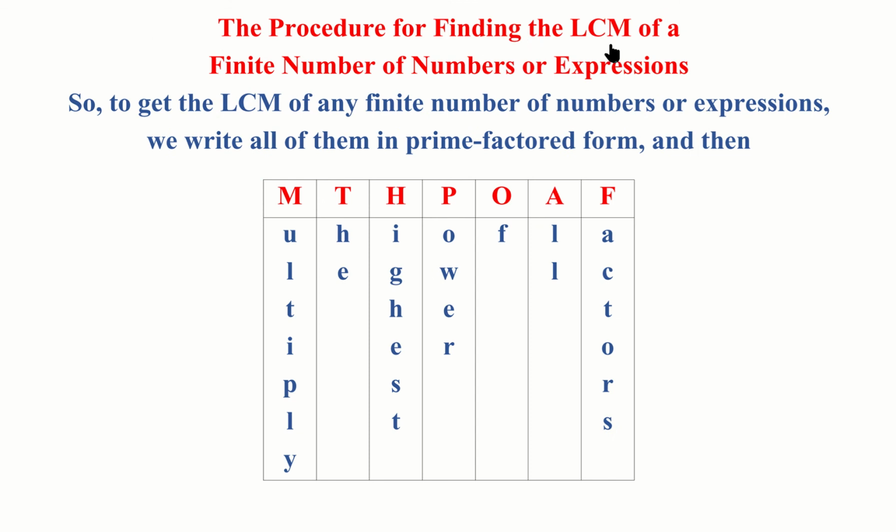So let's remember the procedure for finding the LCM of a finite number of numbers or expressions. The exact same procedure works for expressions as well. We basically find the LCM by writing all of them in prime factored form, and not only that, but we use the exponential version of the prime factored form, and then we multiply the highest power of all factors. That's it. If we can just do that, we should be in possession of the LCM.